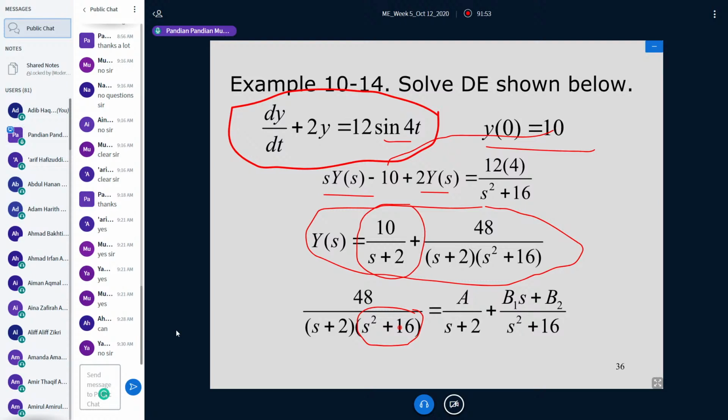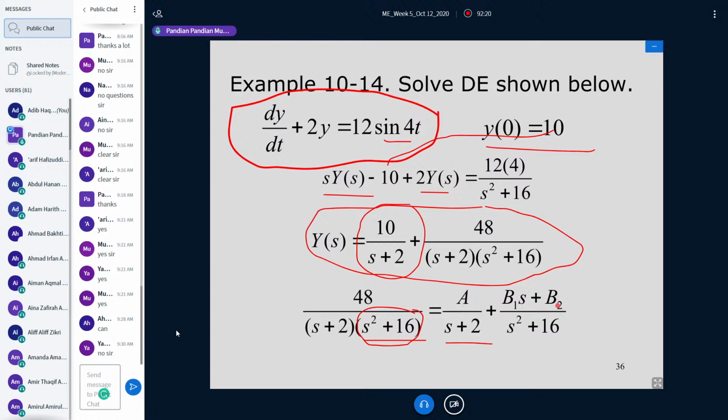This one is formula number 6. Even though there is no s up here, this is power 1, so it still falls under formula number 6: A over s plus 2.